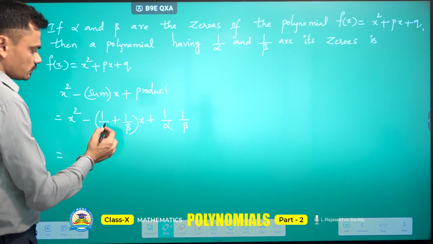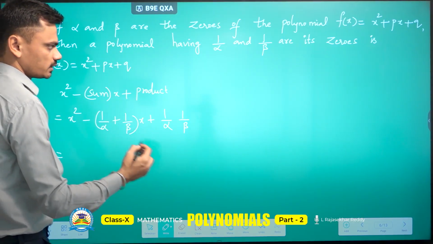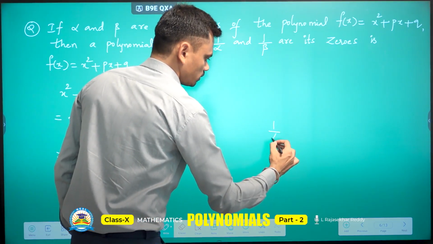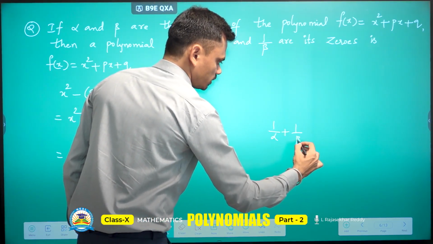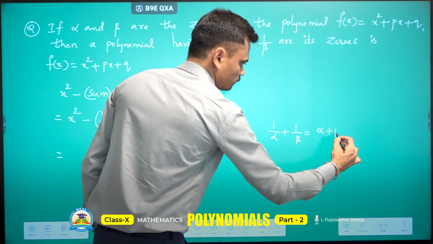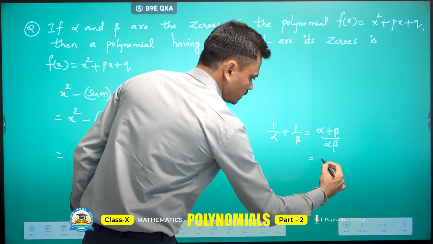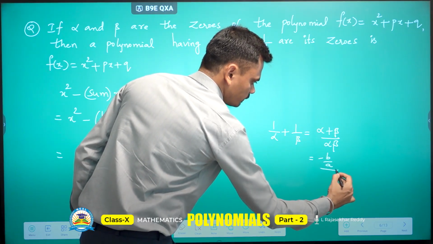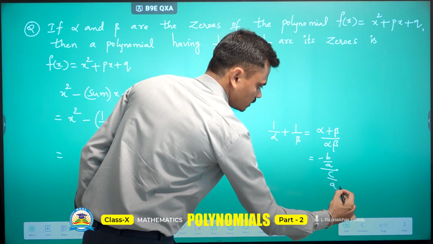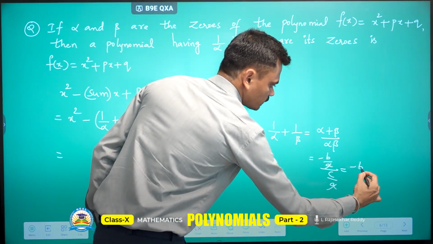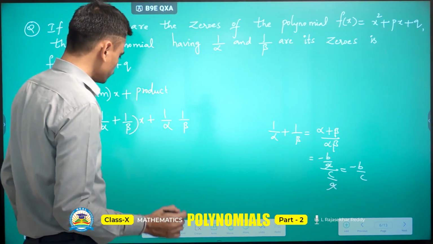Now 1 by alpha plus 1 by beta. See here, you can write it as alpha plus beta by alpha into beta. Alpha plus beta is nothing but minus b by a, divided by alpha into beta, which is c by a. The a gets cancelled, minus b by c will be there.